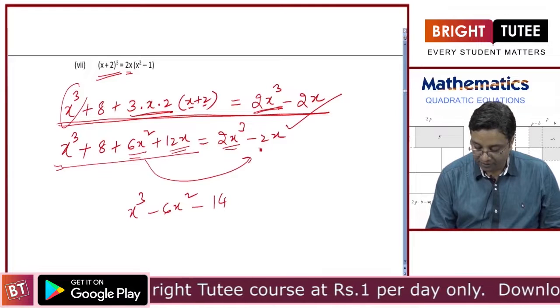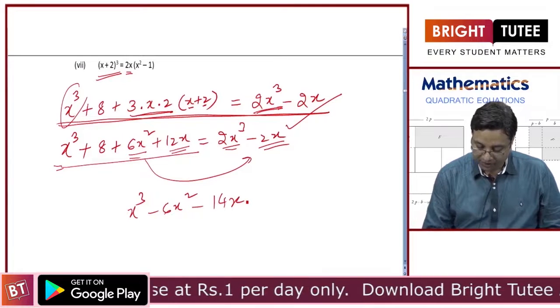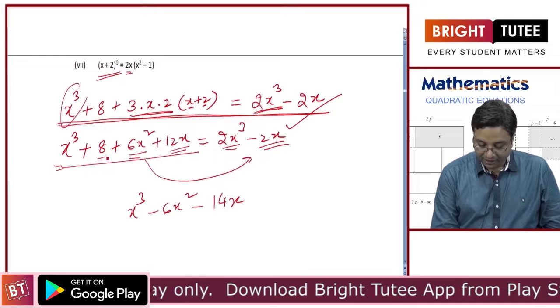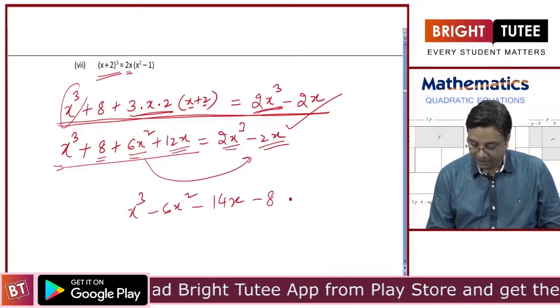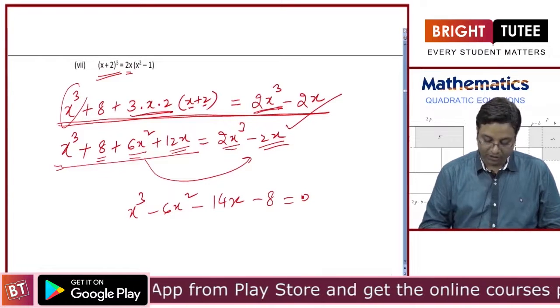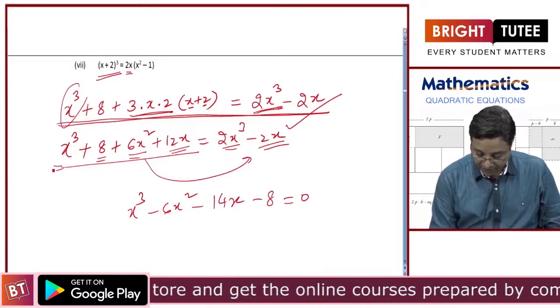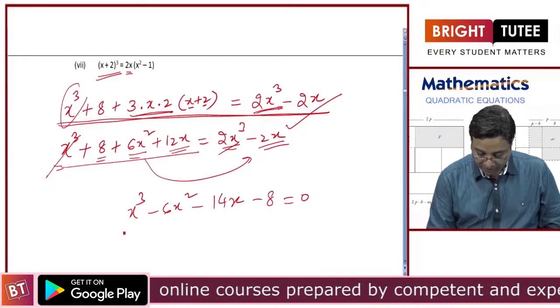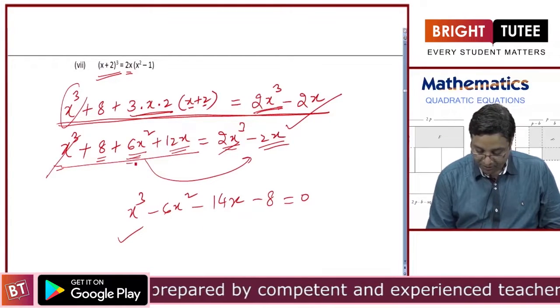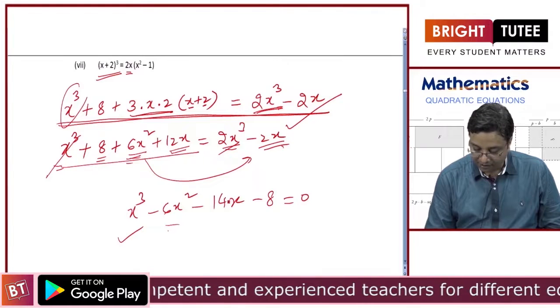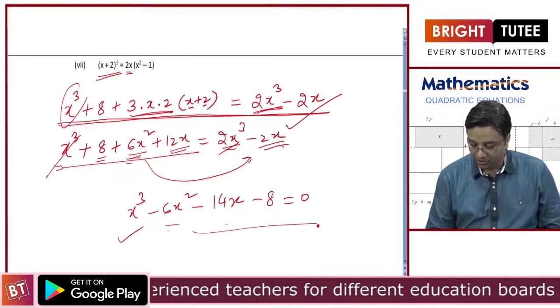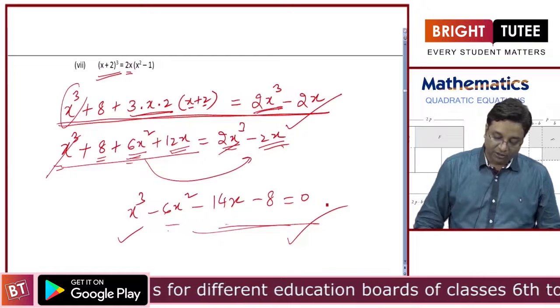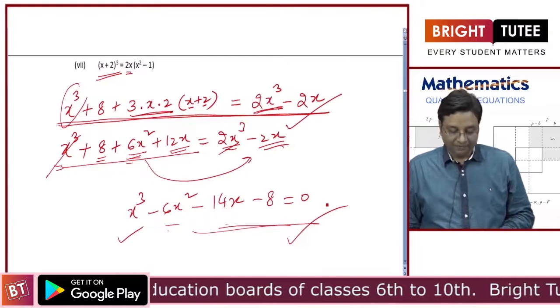So minus 12x with minus 2x will give me minus 14x, and this 8 will become minus 8 equal to 0. I hope we haven't left any term. x cubed, 6x squared minus 6x squared, minus 14x minus 8 equal to 0. Yes, this looks fine. So it is a cubic equation, as I said earlier.